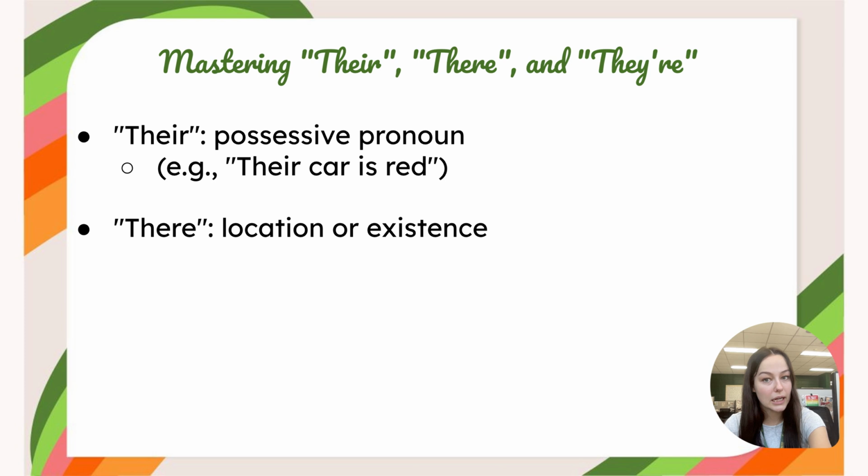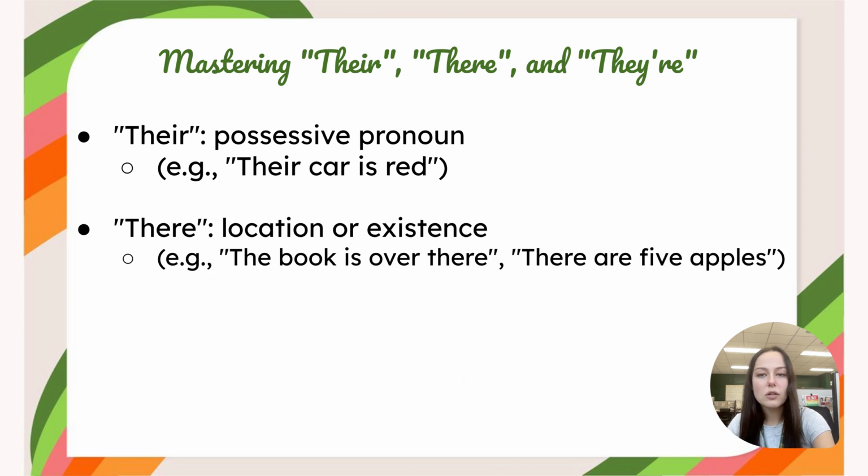We then have there without the I, and it's just there. I would say this is like the default there that everybody uses, meaning that like if you don't know when you should use the other theirs, this is the one that people use. But really, you should only use it when you're talking about location or existence. Okay, so the book is over there, or there are 5 apples.